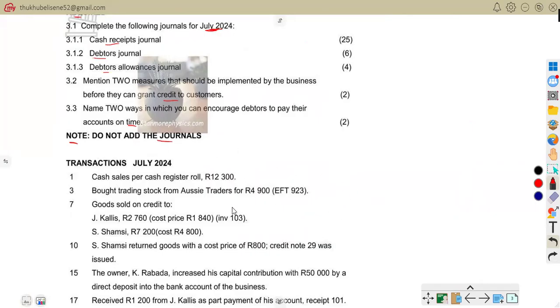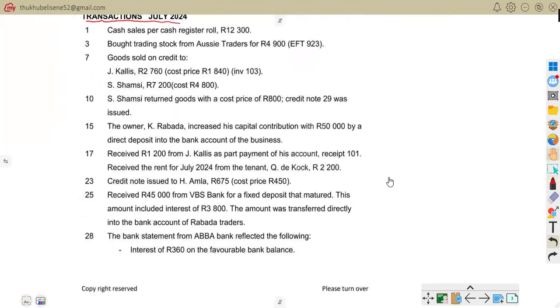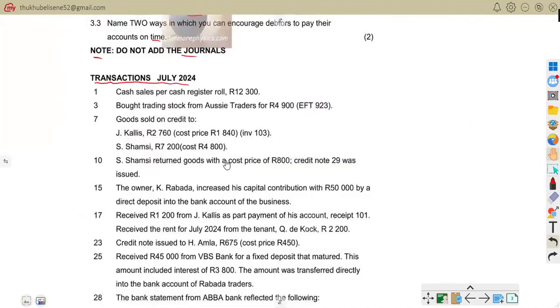Also we have a note which says do not add the journals, do not close off journals. We are now given the transactions for July 2024. These are the transactions that you are going to work on, from transaction 1 to transaction 28, with dates from the 1st to the 21st.